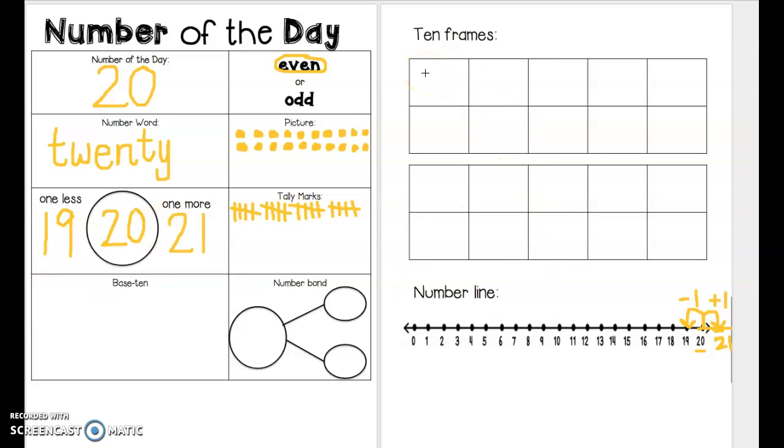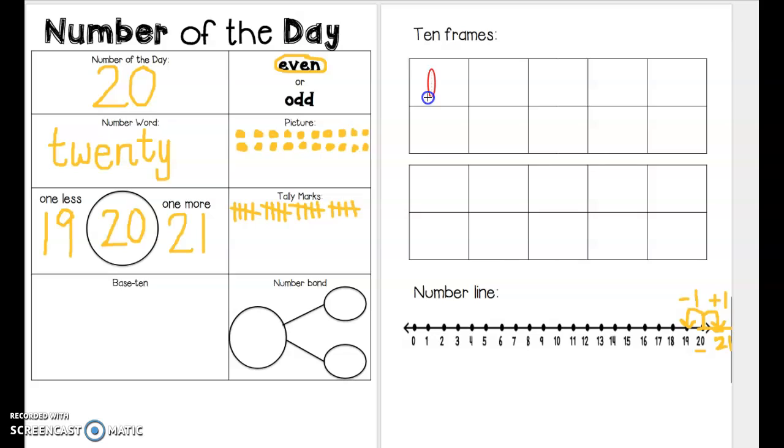All right, so if you said that it will be 2 whole 10 frames or 2 filled 10 frames, you would be correct because we could count by tens. We just did that earlier, right? 10, 20. But let's fill it up and make sure that we're correct, okay?